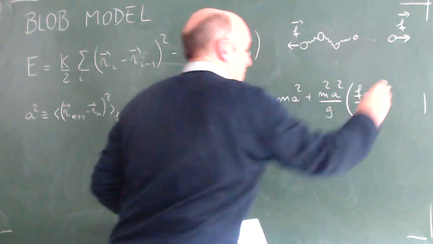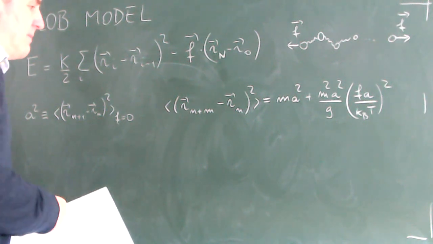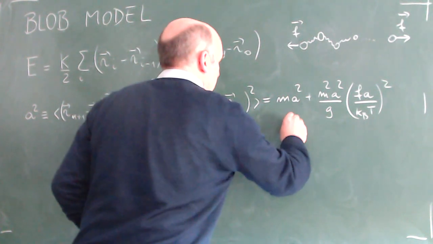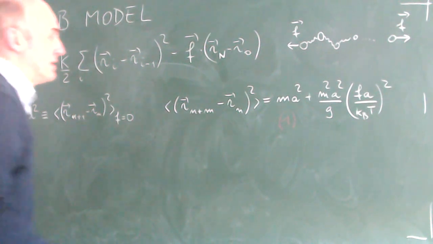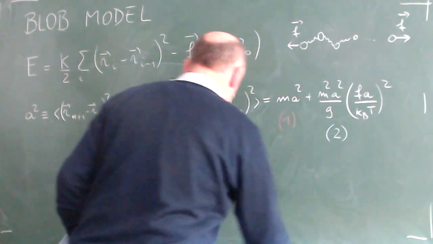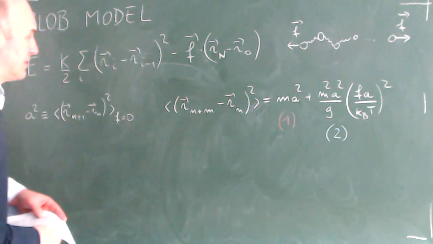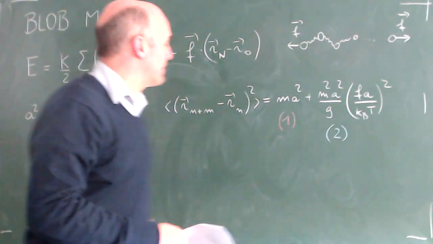Okay. So here we see that this quantity has two terms. There is this m a squared, the 1, and there is another term, m squared a squared, which multiplies the force, and this is the 2, okay? So this quantity is the distance squared between two monomers, one monomer here and one monomer further away.